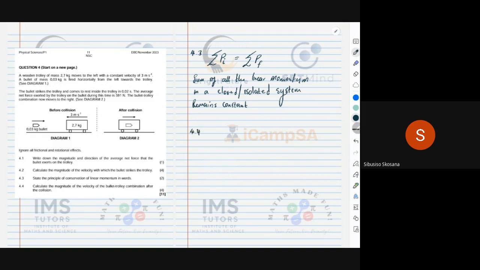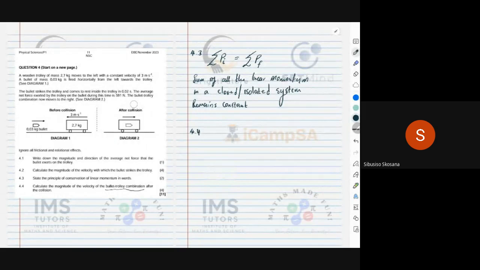Then, lastly, 4.4. Now they want us to calculate the magnitude of the velocity of the bullet-trolley combination after the collision. So now they want the velocity of this part.